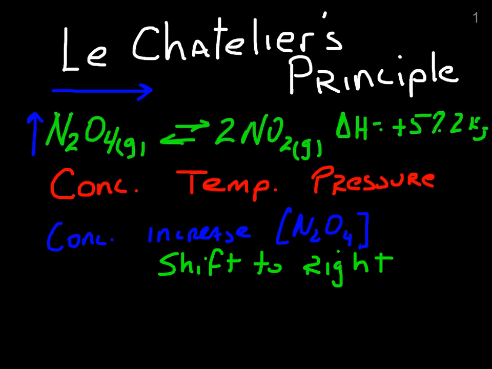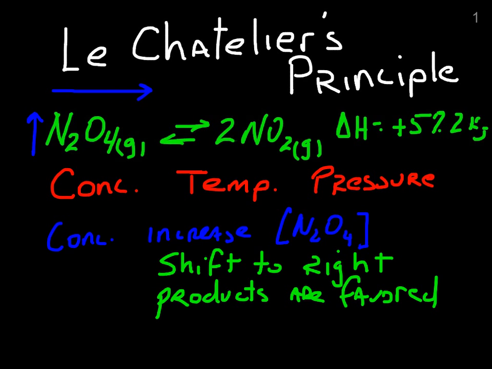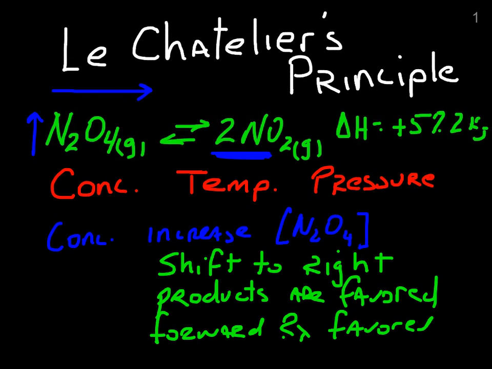Another way to say that is the products are favored, or the forward reaction is favored. All three of those mean the same thing. The outcome is I'm going to get more NO2 once equilibrium is reestablished. So increasing the N2O4, I'm going to get more NO2.